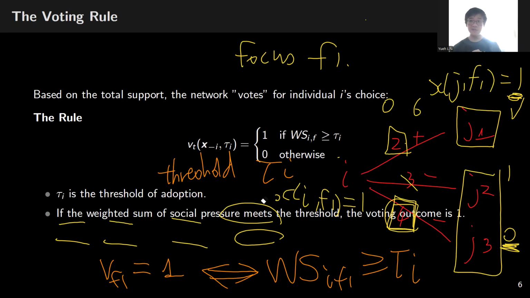The social pressure is like the weighted support, and tau i is your satisfactory level, your vulnerability, or your sensitivity to social support. If you have a tau that is small, then you are easily influenced by the neighbors or the enemies.